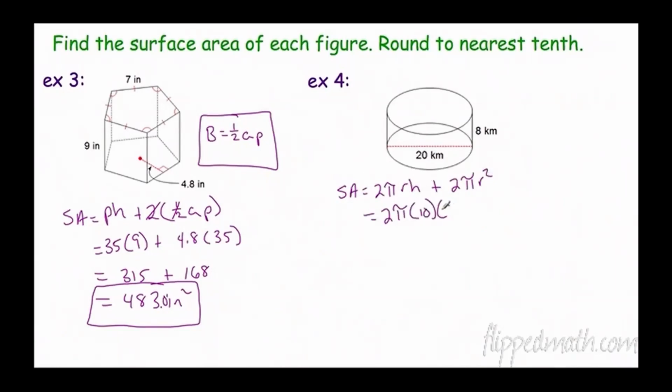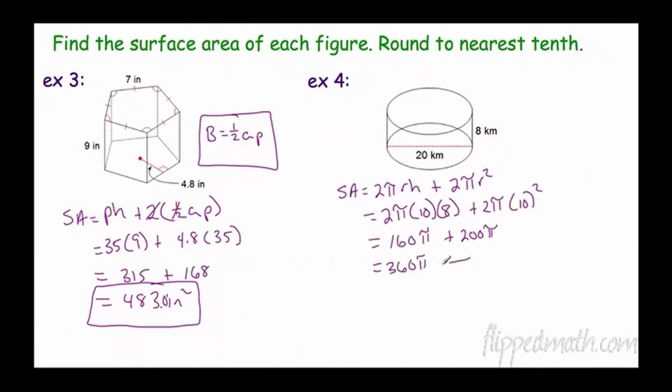Our height is 8, plus 2 times pi times our radius again squared. So 2 times 10 times 8 is 160 pi plus 10 squared is 100. 100 times 2 is 200 pi. Add those together and we get 360 pi.